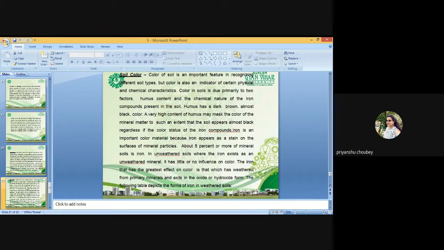In unweathered soil, where the iron exists in unweathered minerals, it has little or no influence on color. The iron that has the greatest effect on color is that which was weathered from the primary minerals and exists in the oxide and hydroxide form.